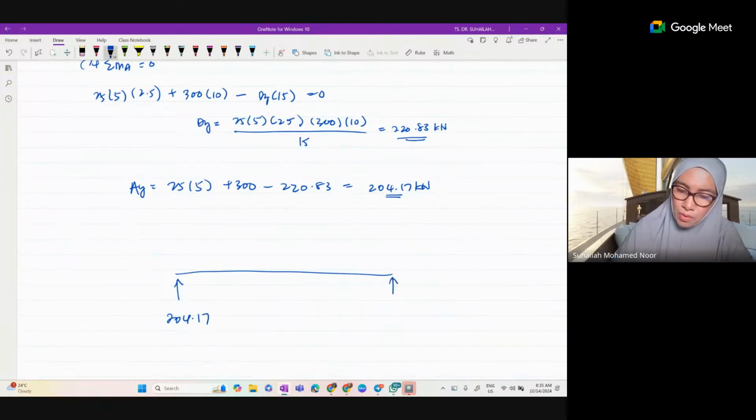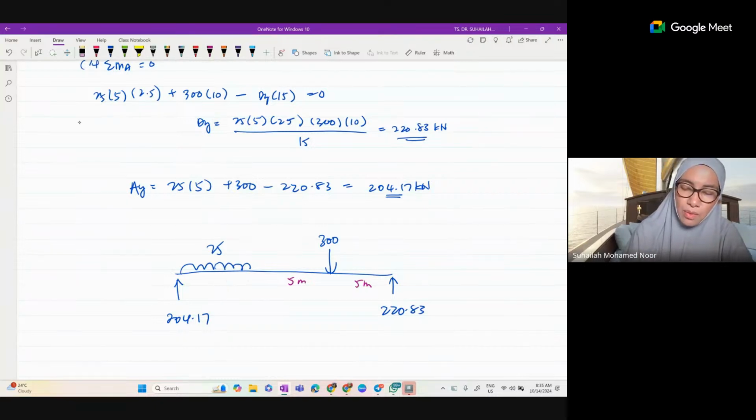This is 220.83. We have point load here, 300, and we have UDL 25. This is 25 and this is 5 meter, 5 meter, 5 meter.